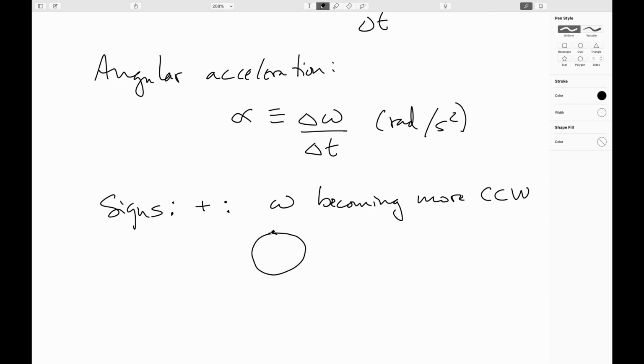Possibility number 1 is that you're already turning counterclockwise and you speed up. Possibility number 2 would be that you're turning clockwise and you slow down. Turning at a slower rate clockwise is more counterclockwise than what you were doing before.